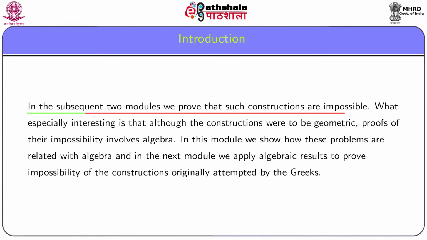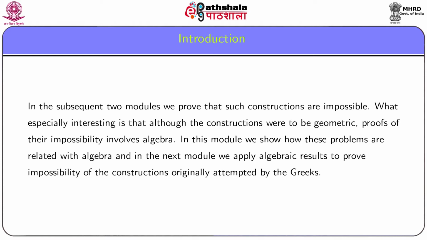In the subsequent two modules, we prove that such constructions are impossible. What is especially interesting is that although the constructions were to be geometric, proofs of their impossibility involve algebra. In this module, we show how these problems are related to algebra.